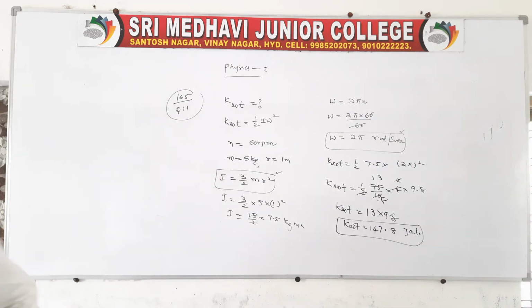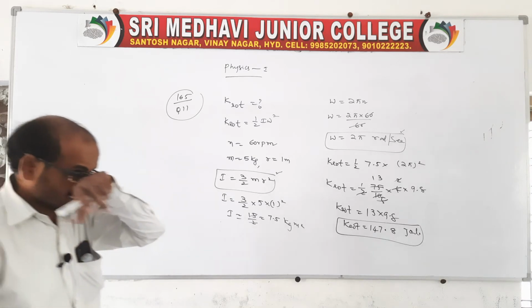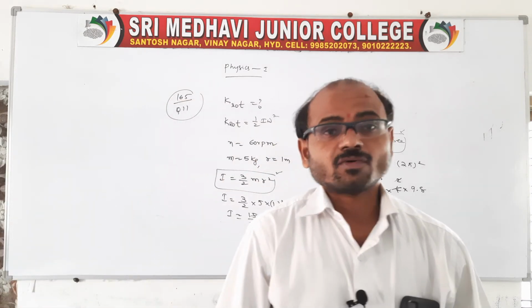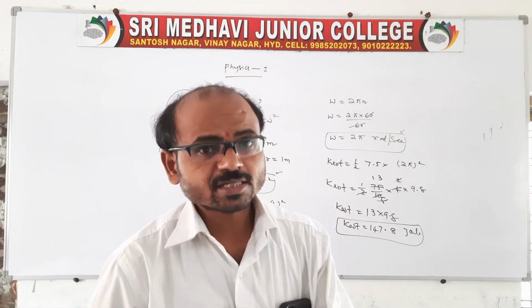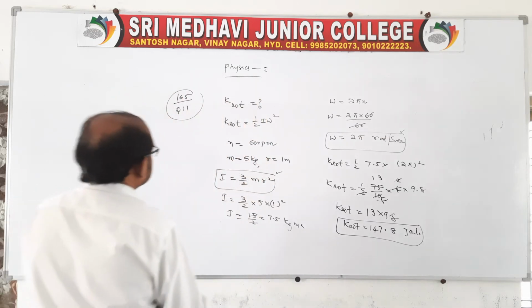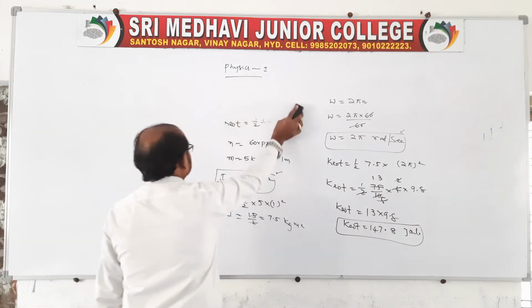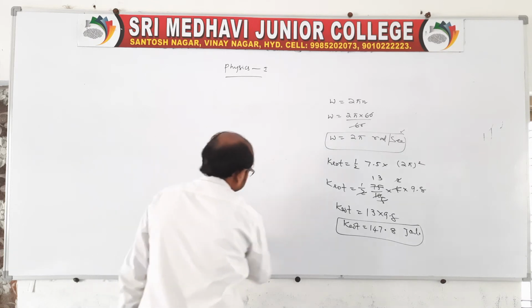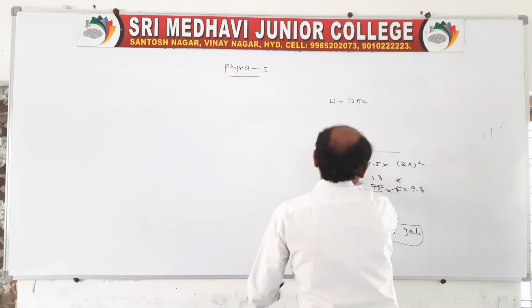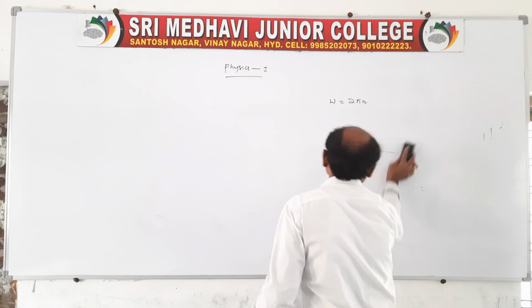On this basis, I will tell you some comparison between rotational as well as linear quantities. Similar rotational and linear quantities, that we can say, rotational dynamics. You want to write a side heading: rotational dynamics.